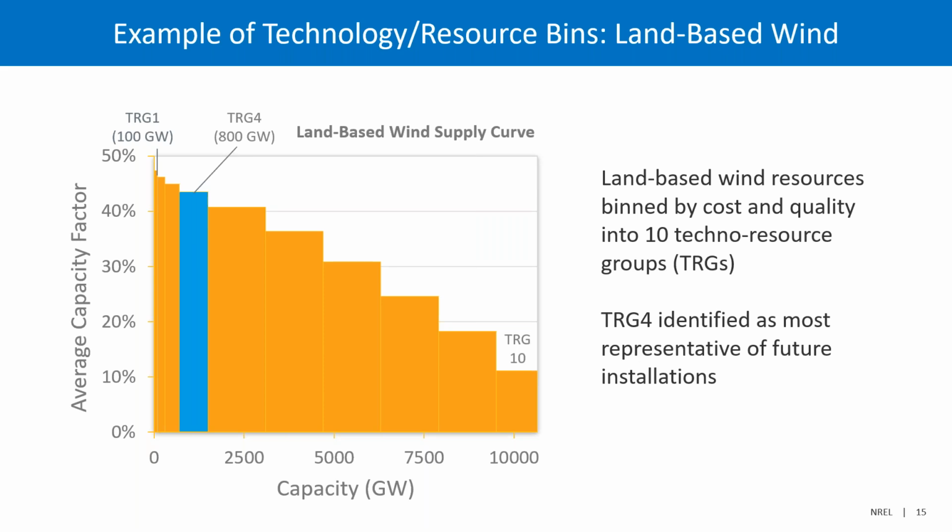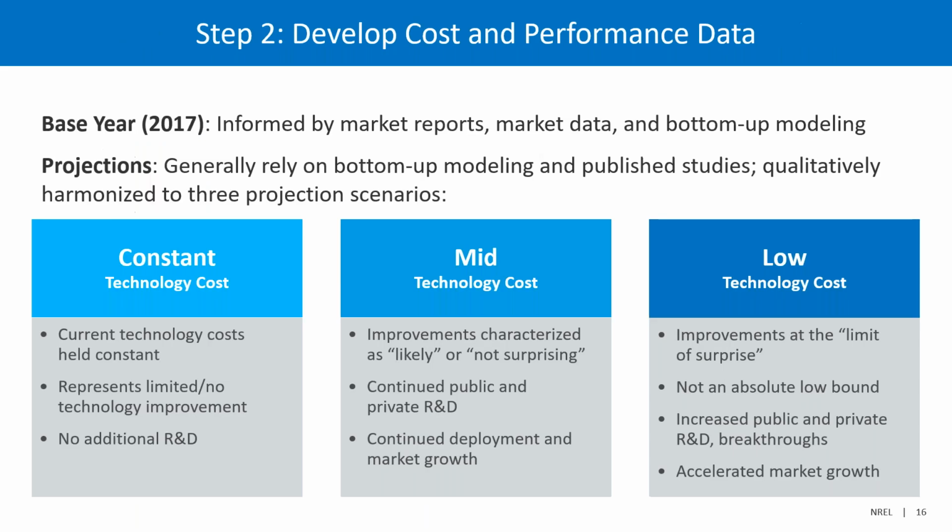And we highlight TRG4 in our summary slides and in most of the summary charts on the website. But the other TRGs are also available in the data. And then for even more detail on resource, there are other products beyond the ATB that can be used to look at highly specific resource data.